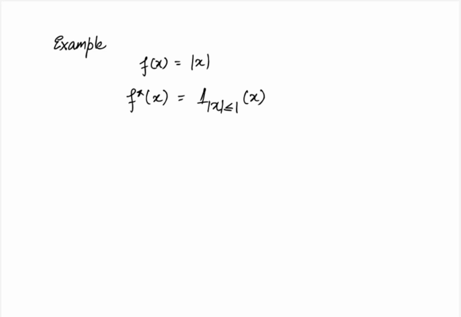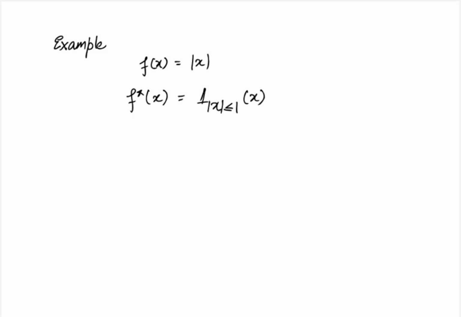Let us take an example of f of x equal to the absolute value of x, which we have already considered in the previous video. We recall that f star of x is the indicator function of the dual norm ball, which is given by the indicator function of absolute value of x less than or equal to 1.